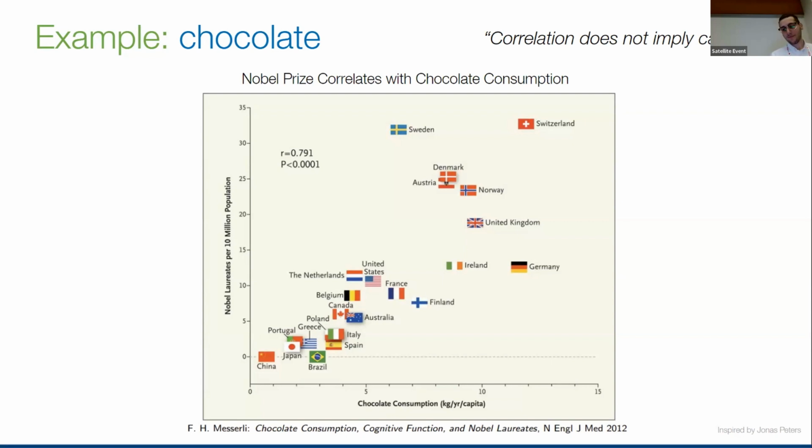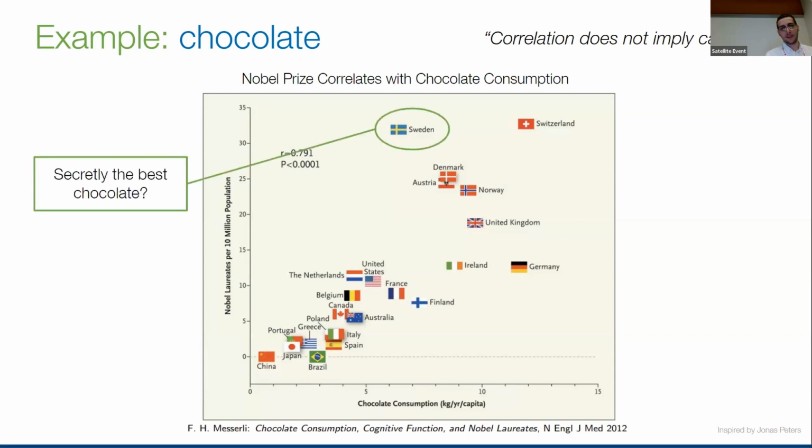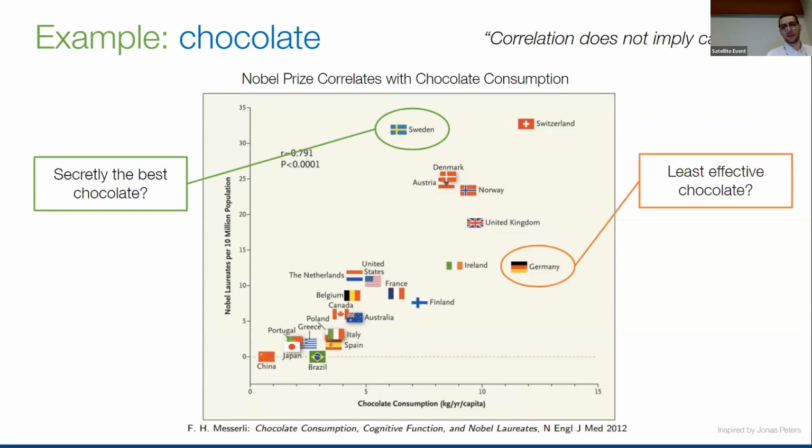If we look at Sweden, it seems that secretly Sweden has the best chocolate, since they can eat half as much chocolate as Switzerland and win as many Nobel Prizes. Things are looking a little bit rough for Germany, since they eat a lot of chocolate but can't quite seem to convert those into Nobel Prize wins.